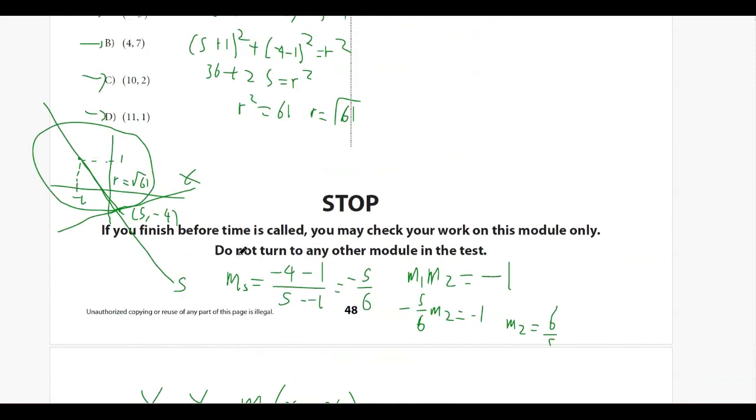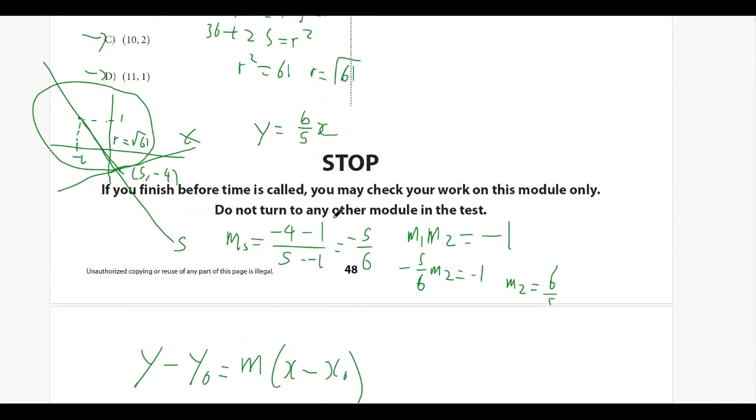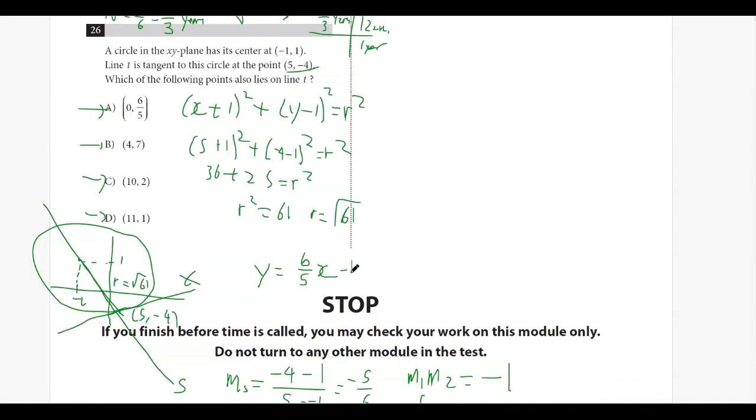I'll bring this up here. For each of A, B, C, and D, check which answer choice satisfies this relationship.